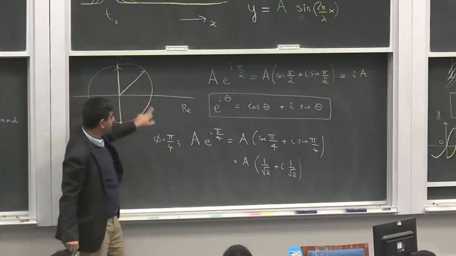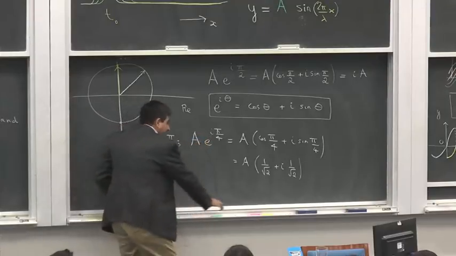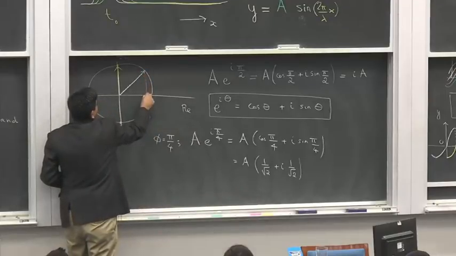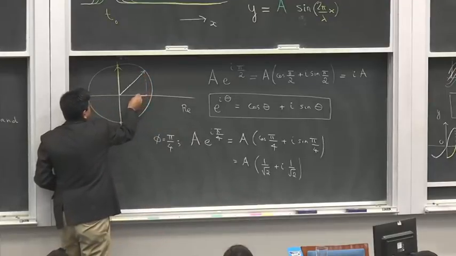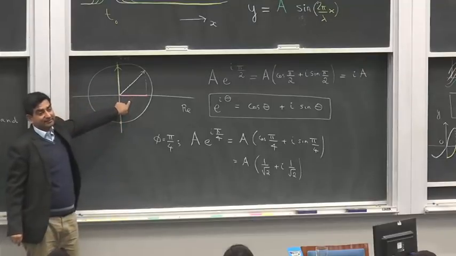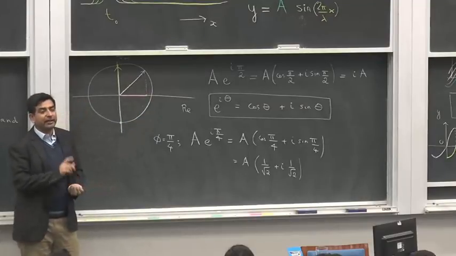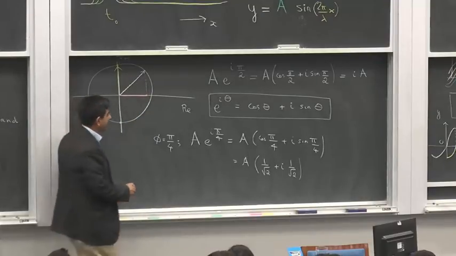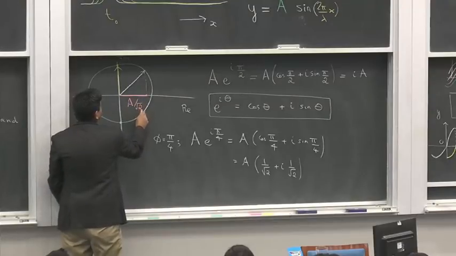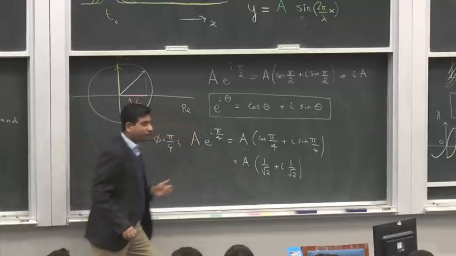This vector represents this complex number, and if I take the projection on the real axis, then what's the value of this length? A over under root 2. So the real component of this number is A over under root 2.